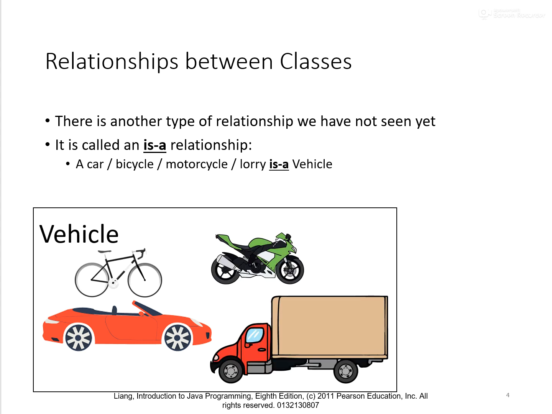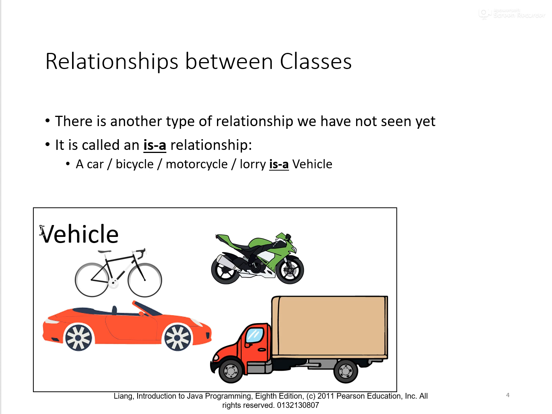Another type of relationship that is possible is called an is-a relationship. Now, we have not used that in any of our small projects that we have done so far. An is-a relationship is slightly different. So consider this slide that you see over here. We have a whole category of vehicles.